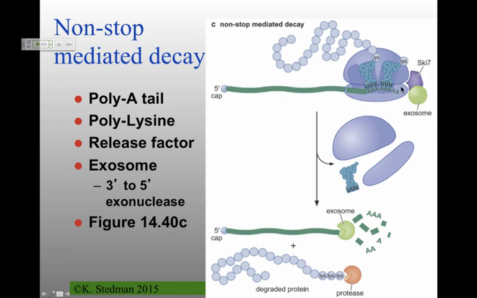The names of them are not important, but if you get to the very end of a messenger RNA, you also have dissociation of the ribosome, but then this exosome, which we talked about before, you have exosomes in the nucleus for chewing up all the introns, but you also have exosomes present in the cytoplasm. These guys are going to chew up the RNA. They chew up both from 5' to 3', but also from 3' to 5'. They basically just go from both ends of your messenger RNA and completely degrade it.